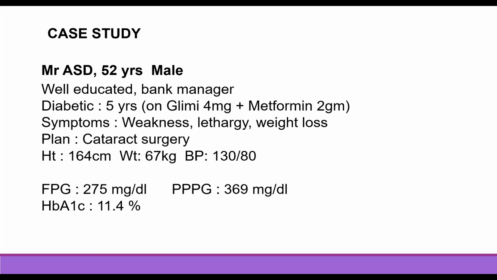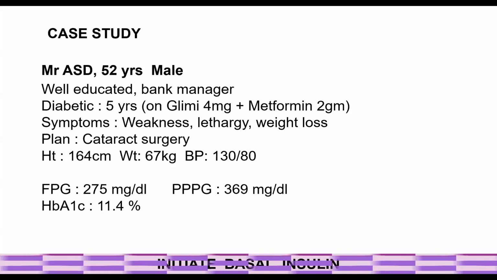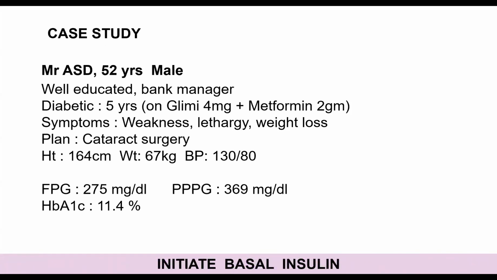We have learned that fasting plasma glucose is the first thing we should address, and we looked into the ADA guideline, which says you should give a basal insulin at the beginning, because that is one of the best possible methods by which we can achieve good fasting plasma glucose. So in this particular case, we have decided to start basal insulin.